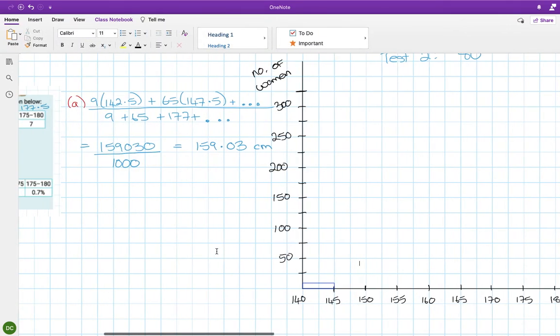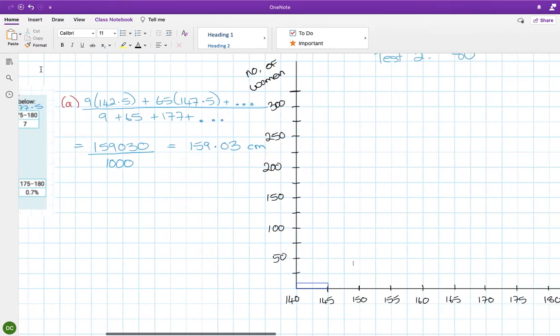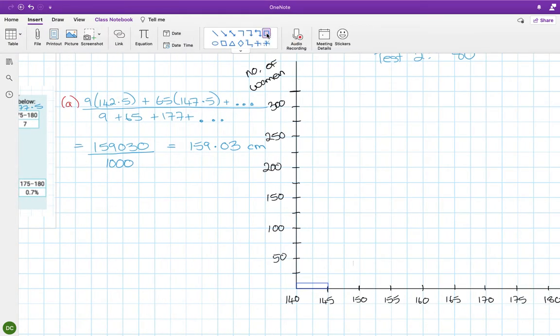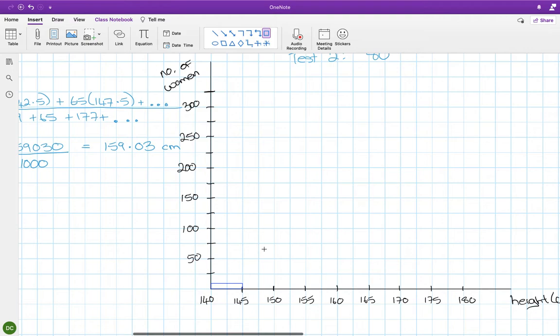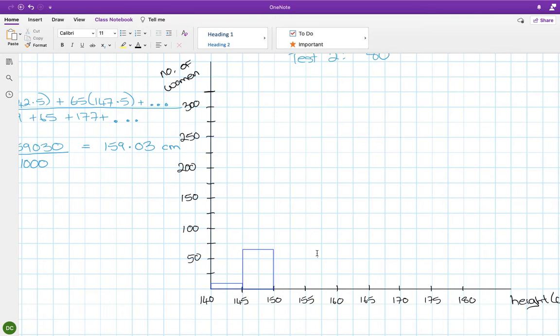Doesn't have to be perfect. 65 for the next one. So this is 75. So 65 would be about there.